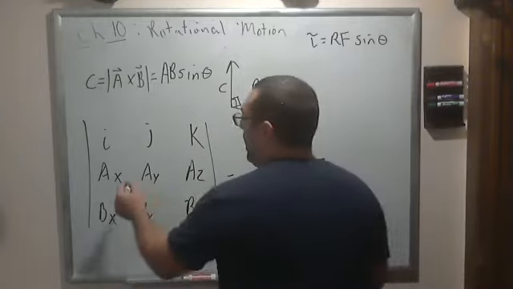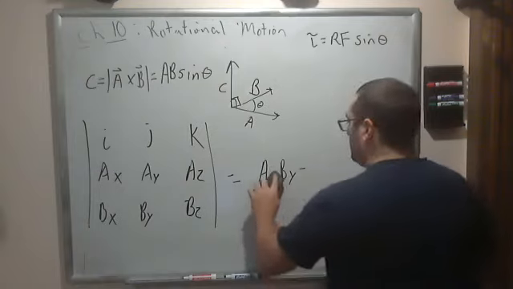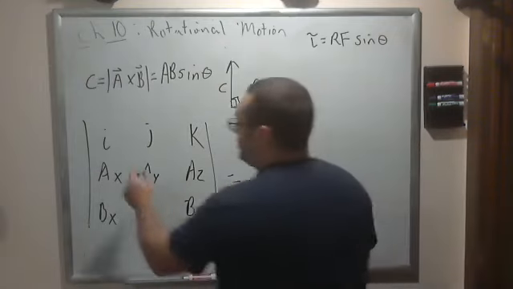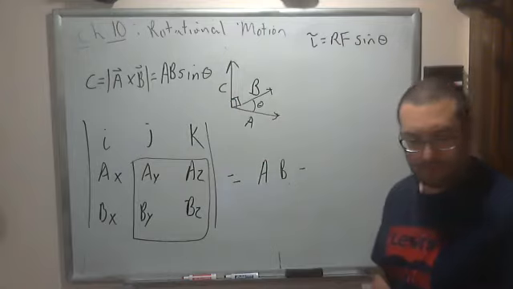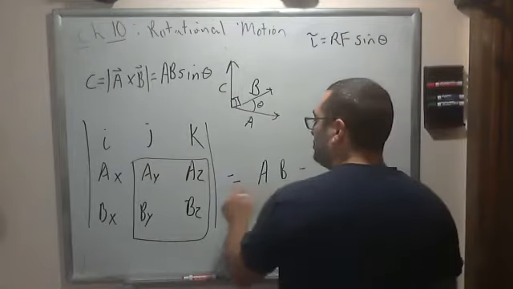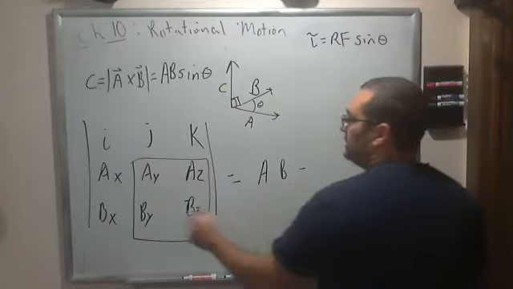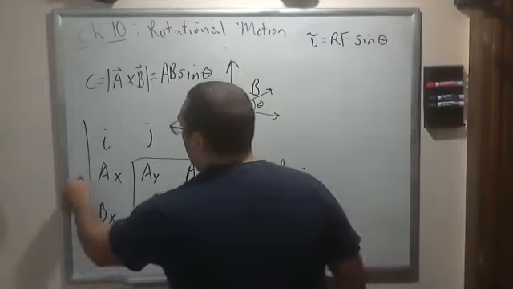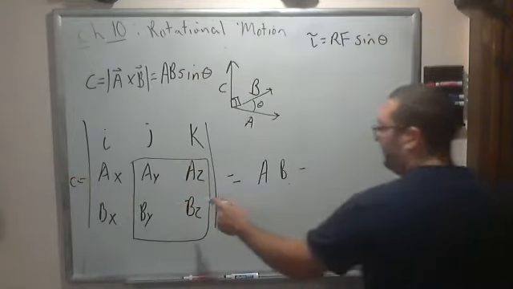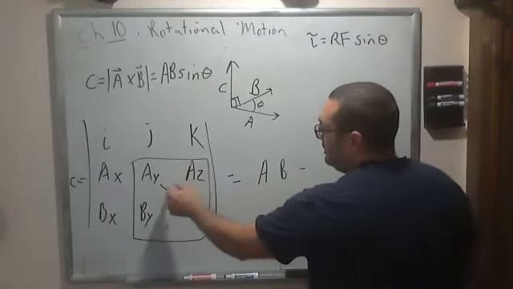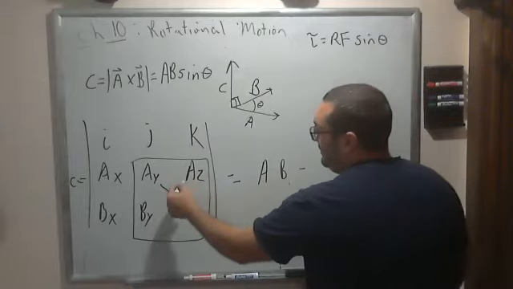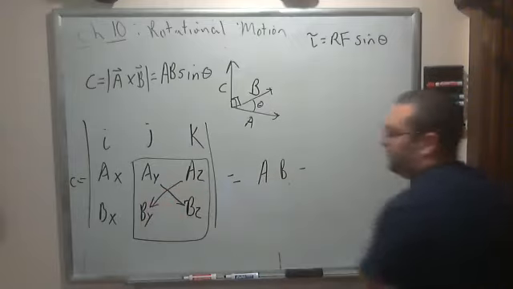For the i direction of our vector C, we look at these terms. We look at these 2, and we multiply this together, and then we subtract it from the multiplication of this.